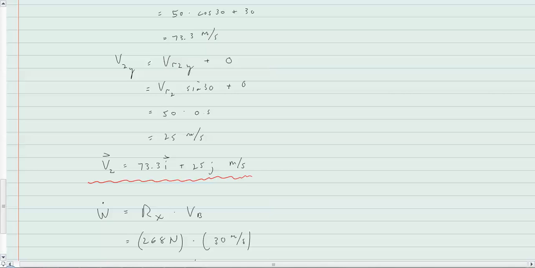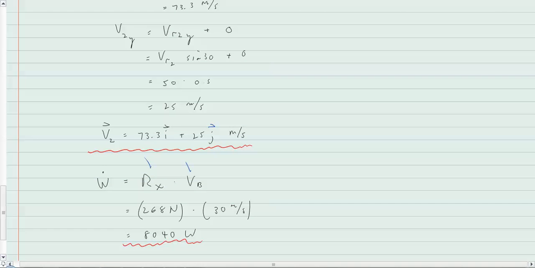Pulling those together, we have V2 vector is equal to 73.3 in the I direction plus 25 in the J direction. And those, of course, are in meters per second. Finally, the last calculation for power is basically a force times a rate, in this case the rate of movement of the blade.